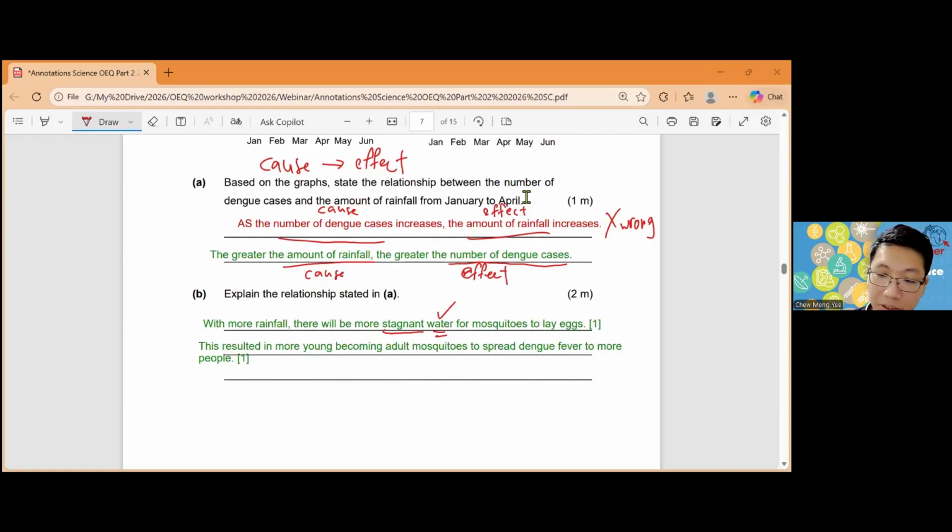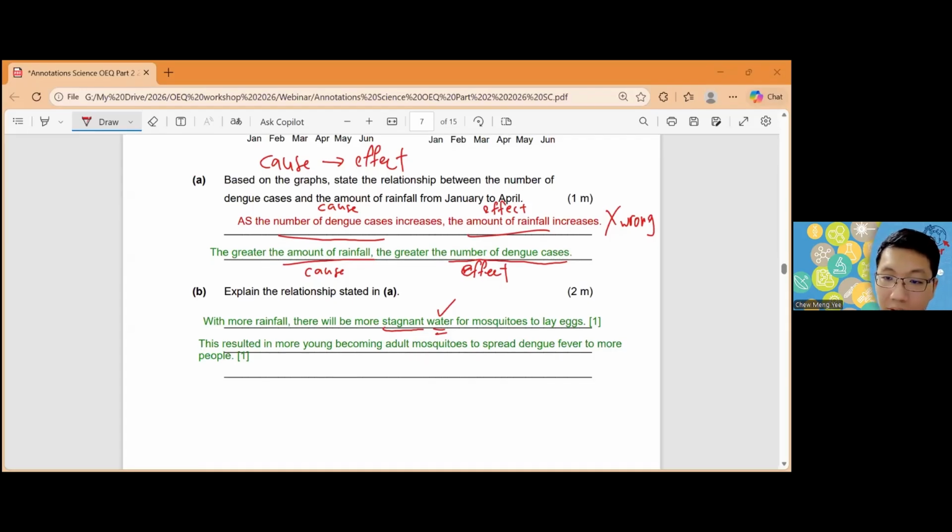Or what you always see in the advertisement by the NEA on the television, when they want to prevent the breeding of mosquito, some of those rooftops. Usually it is the base of the flower pot, or a pail of water. If you have a pail of water that is put there for too long, then the mosquito might start breeding there.